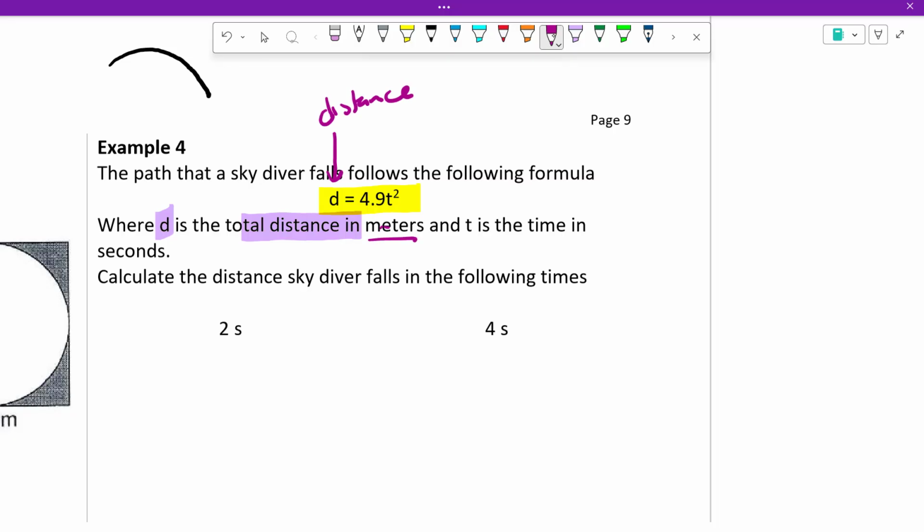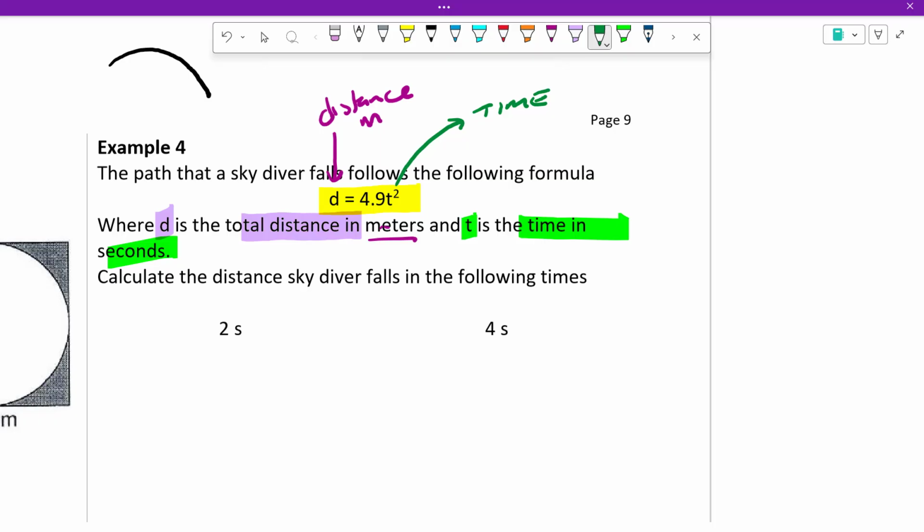These are all application kind of questions. They'll tell you if it's measured in feet or yards or kilometers. Then the letter T stands for time, and it's measured in seconds. So this is time. Okay?